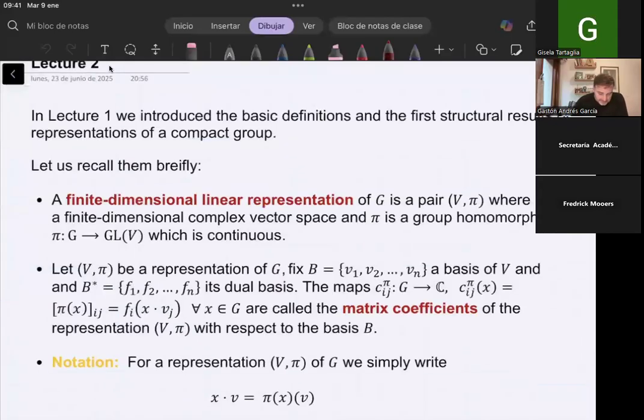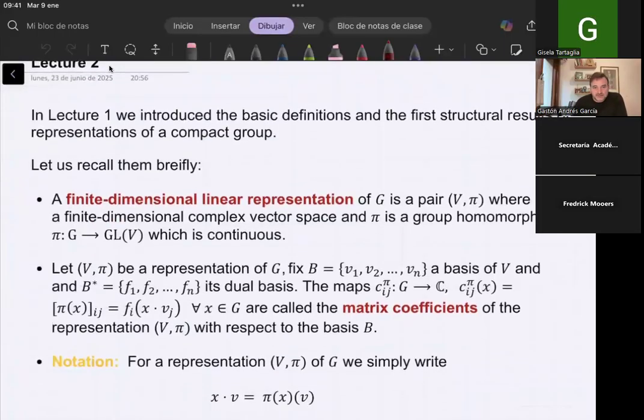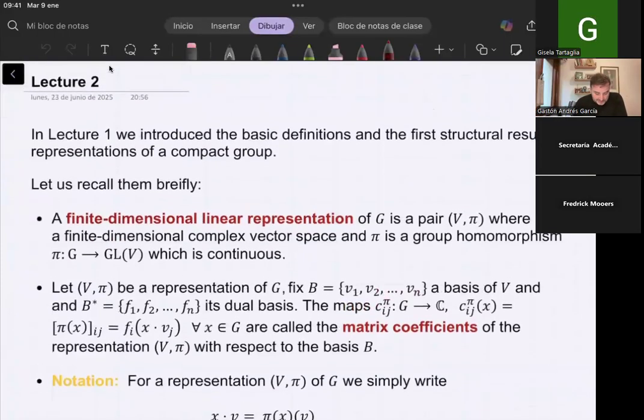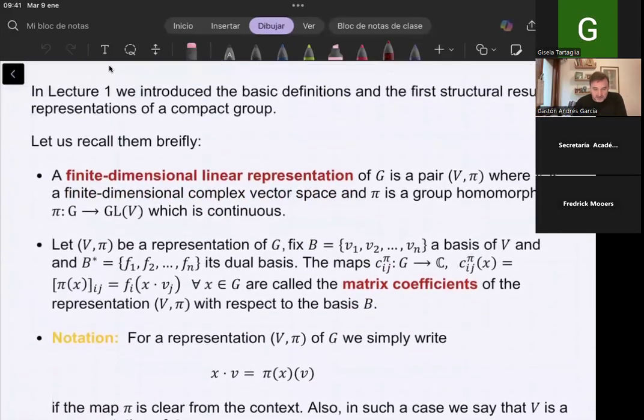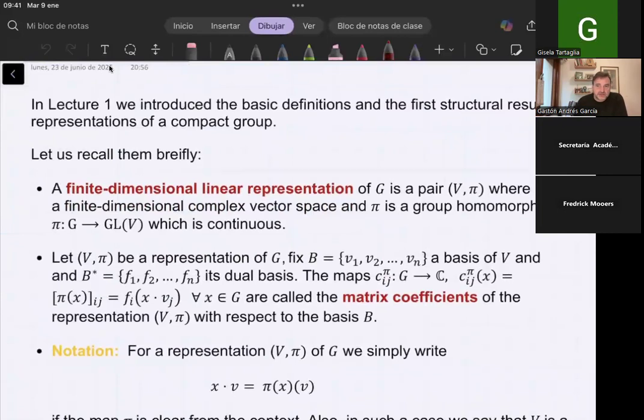In lecture one, I will start by doing a summary of what we did last time. Mainly, we introduced the basic definitions and some results, okay?